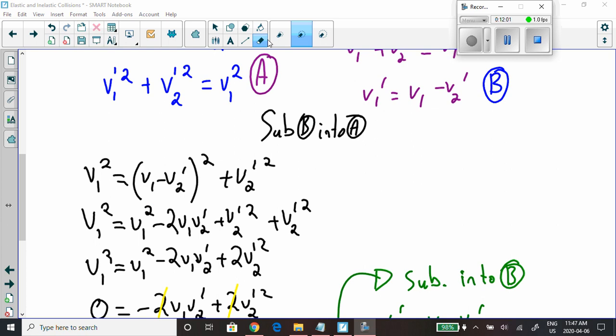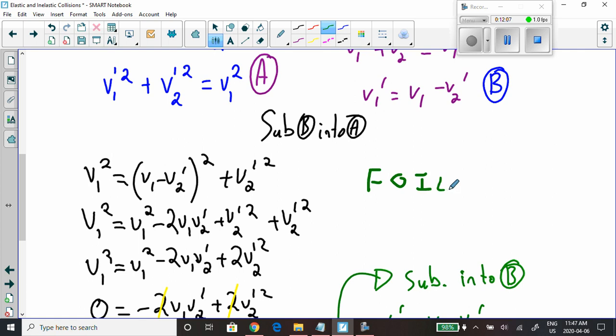Then what do? Well, then we have some fun. We use my friend and yours, FOIL. First, outside, inside, last gives us this trinomial: v1 squared minus 2 v1 v2 prime plus v2 prime squared, and this plus v2 prime squared stays right there.